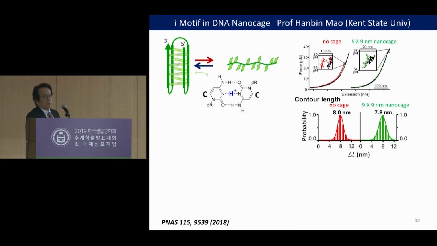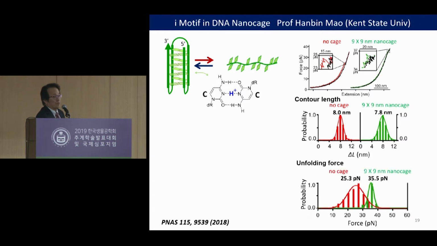And we also place the i-motif, so the complementary sequence of the G-rich strand can form the i-motif. That structure is also a quadruplex structure. And without nanocage and within nanocage, the contour length again is almost the same.